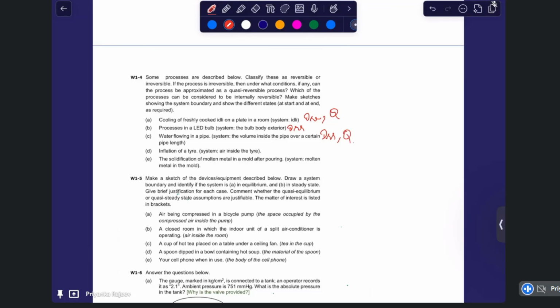This LED bulb is not that quasi-reversible because the heat and light energy which is getting dissipated is happening at a faster rate. So we cannot say it like that. Maybe for heat transfer, we have to check according to what sort of condition we are thinking. For example, in a power plant, LED bulbs are used as an indicator.